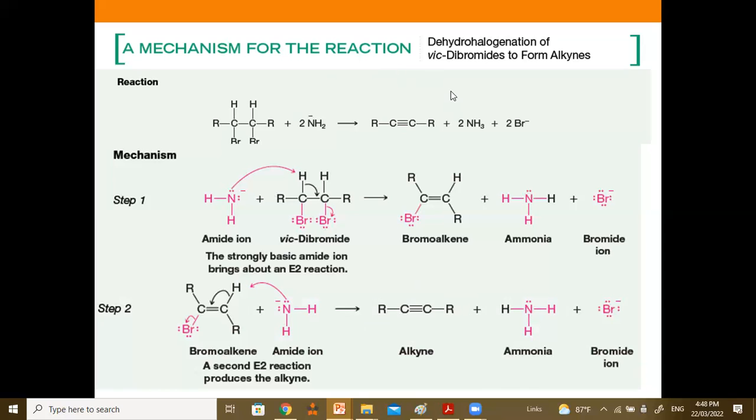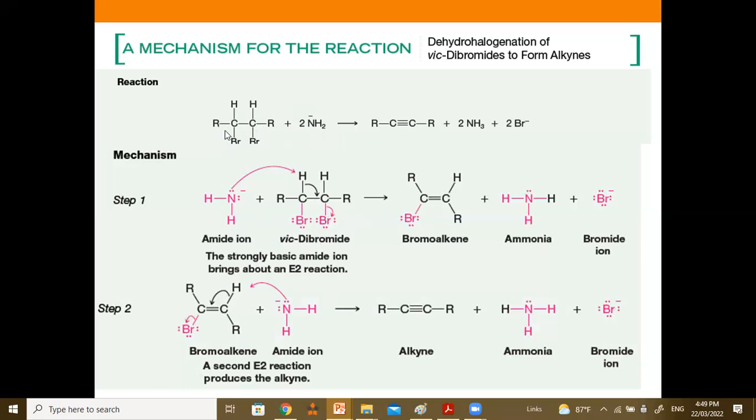So in the mechanism for the dehydrohalogenation of vicinal dibromides to form alkynes, there's actually 2 steps to obtain our alkyne. Okay, so this is still an elimination reaction, an E2 elimination reaction, but we don't start with a simple alkyl halide, we start with a vicinal dihalide.